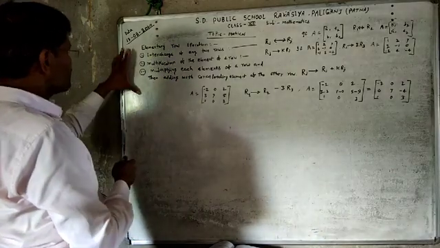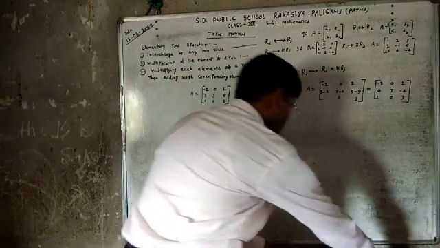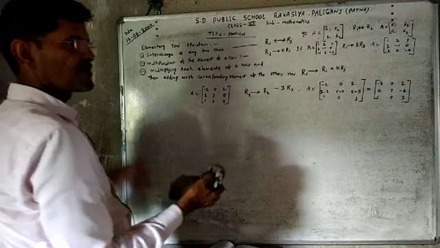The column operation is the same as the row operation. Now we will look at the column operation.